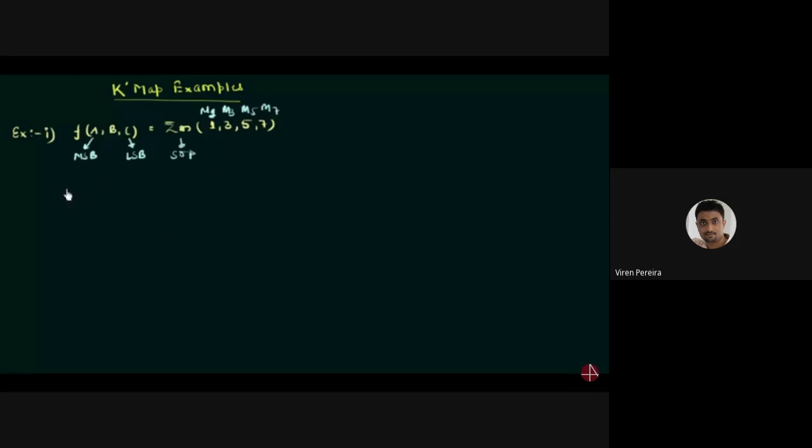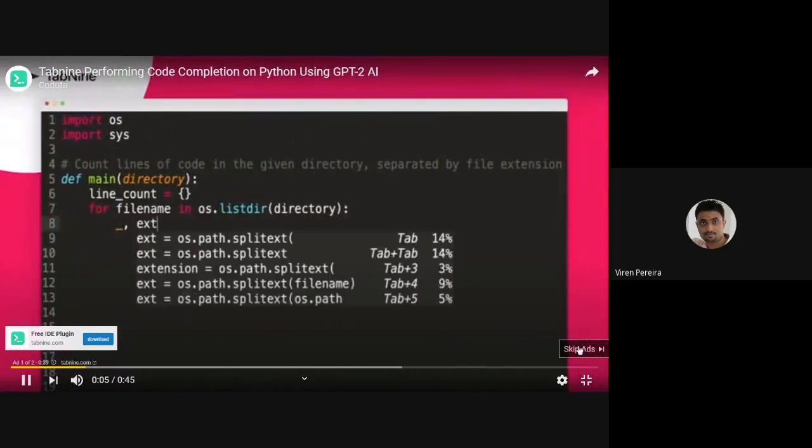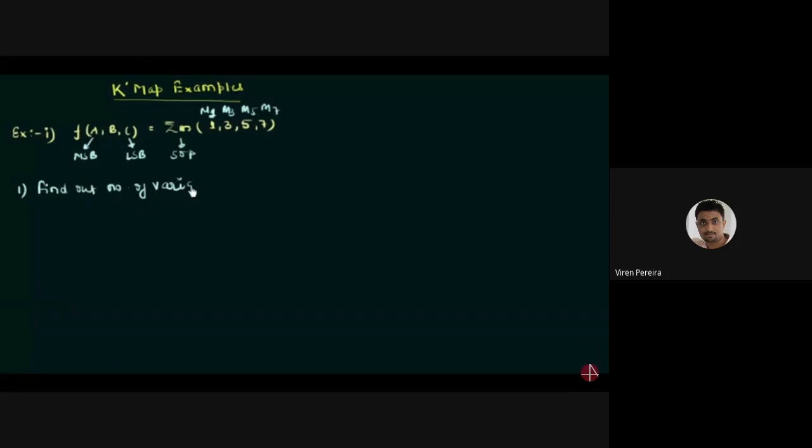Okay, so let's move to the steps in solving this using the K-map. The first thing you have to do is to find out the number of variables.